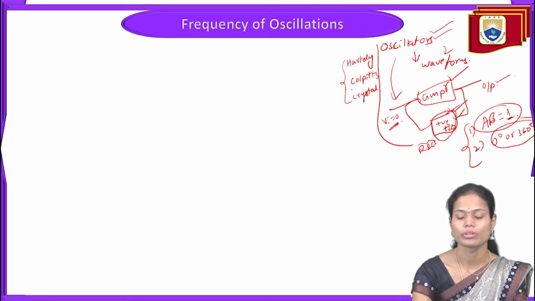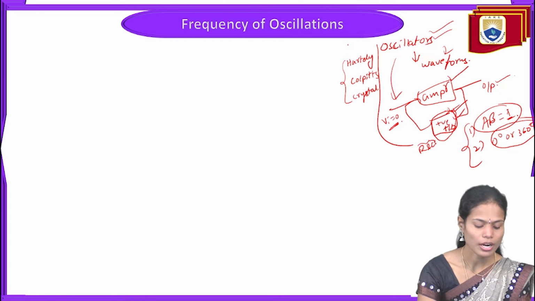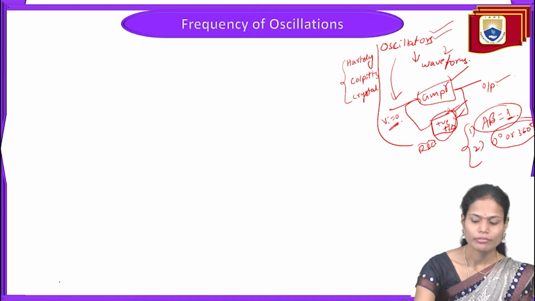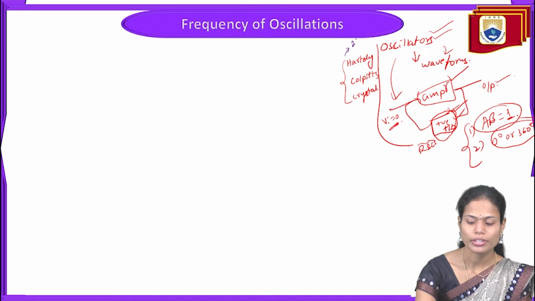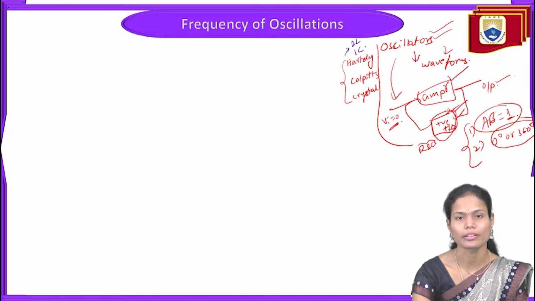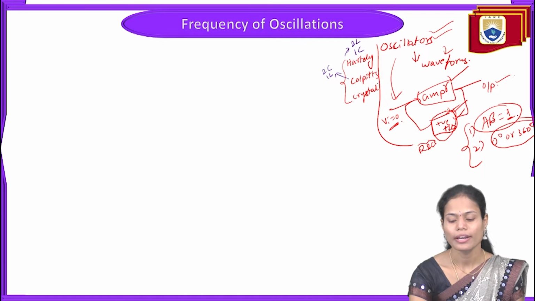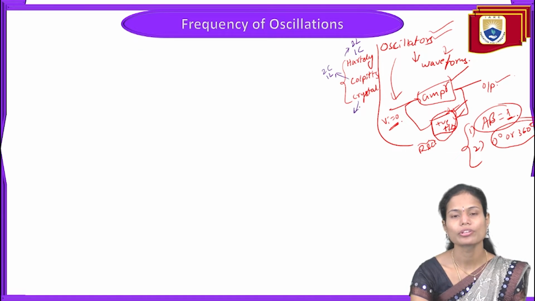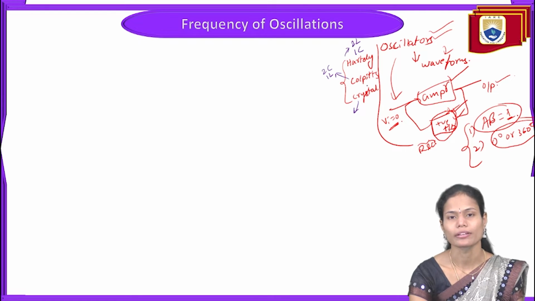In the Hartley oscillator, we utilize two inductors and one capacitor to design the feedback network. In the Colpitt's oscillator, we utilize two capacitors and one inductor. And in the crystal oscillator, we utilize the crystal as the element in the feedback network.